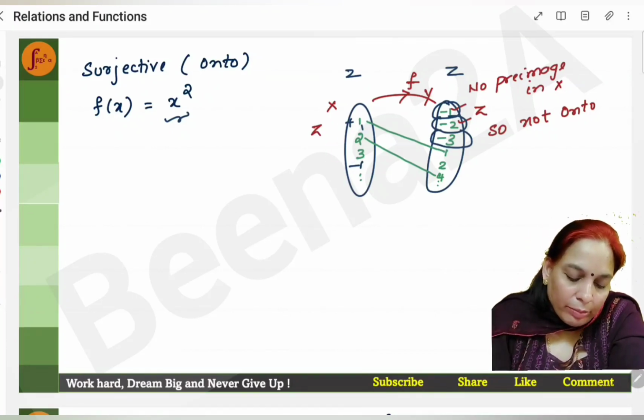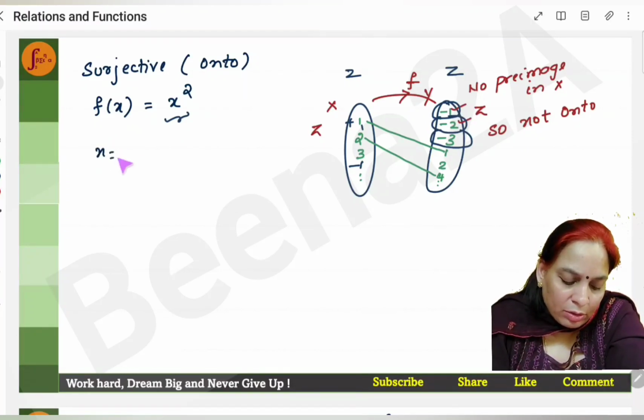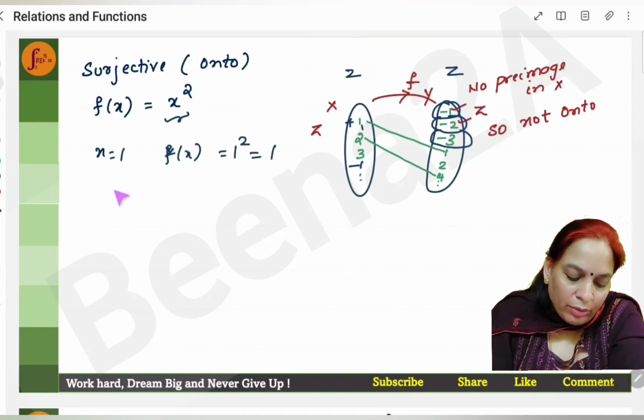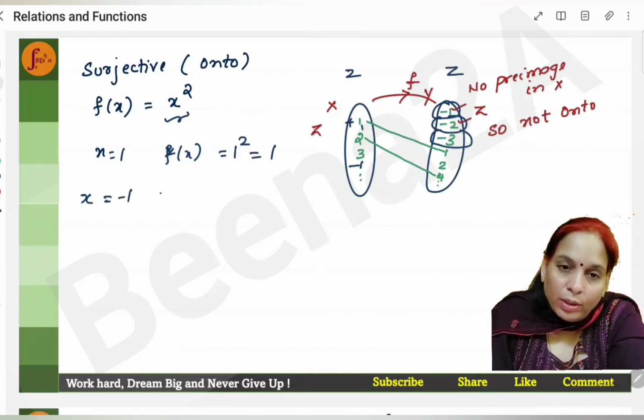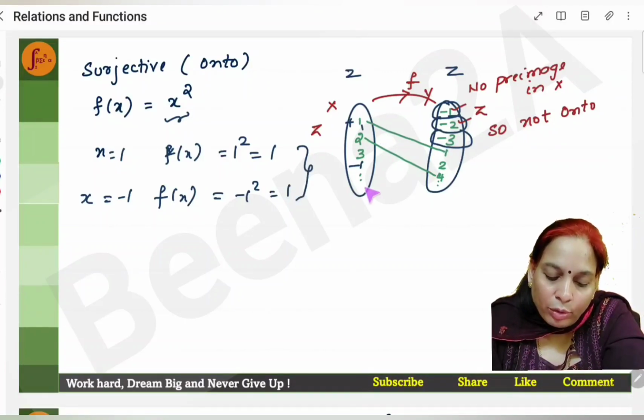There is no way, because if you take plus 1 or minus 1, it will become 1, right? If I take x is equal to 1, f of x is going to become 1 square, which is 1. If I take x is equal to minus 1, f of x is going to become minus 1 square, which is 1. So no matter whatever I do, I will never get minus 1 as the image, right?